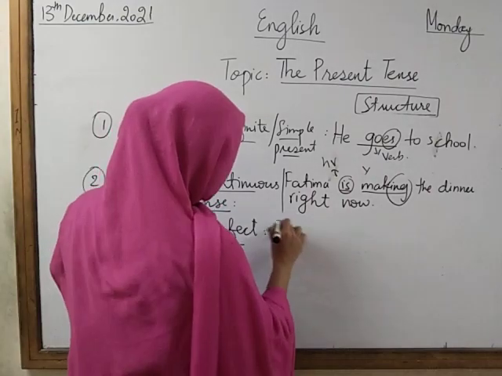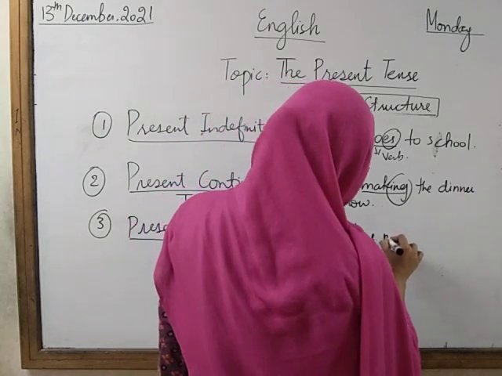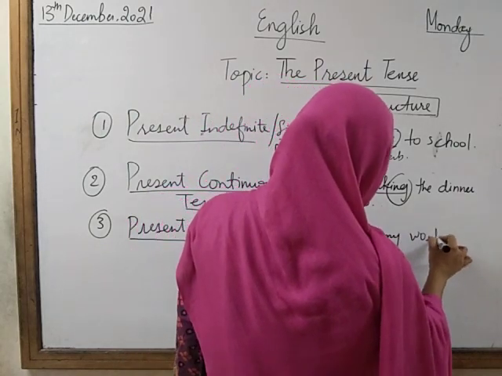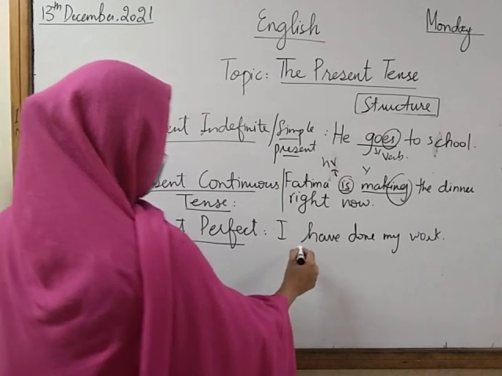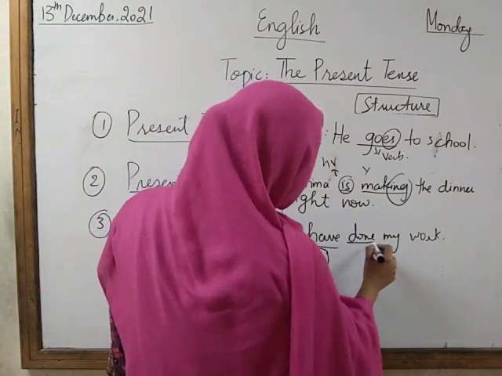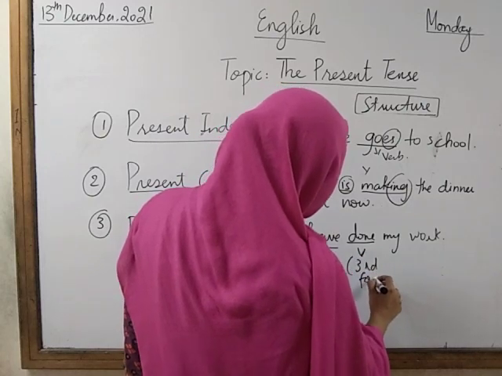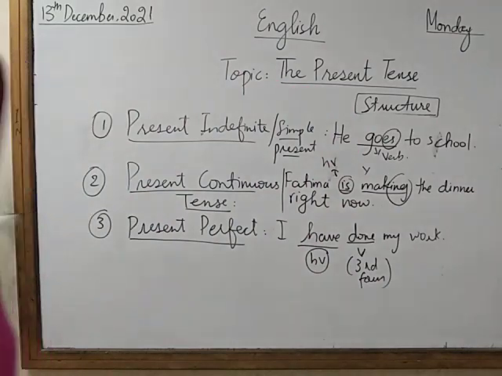I have done my work. Now, have is my helping verb. Done is my verb that is in the third form. As I have told, has, have, had, always bring the third form of verb. I have done my work.